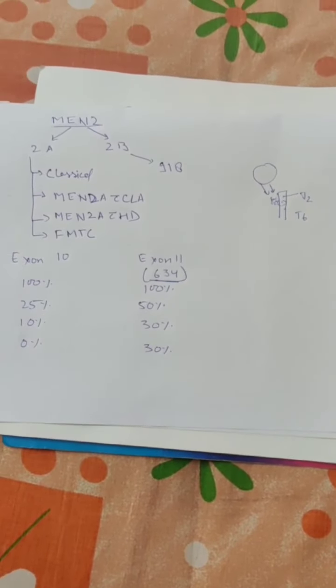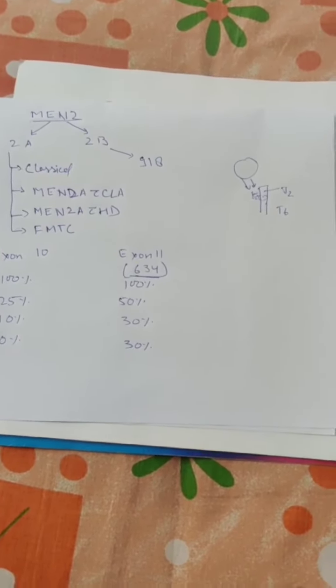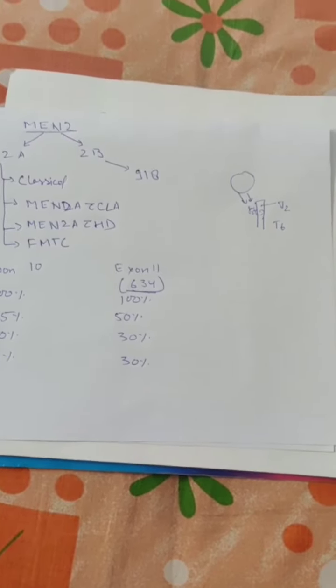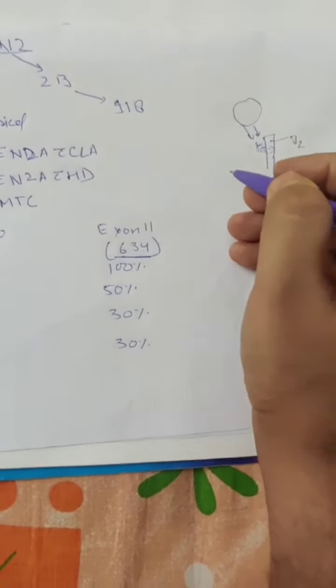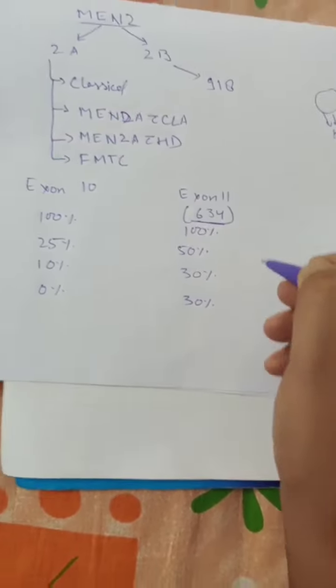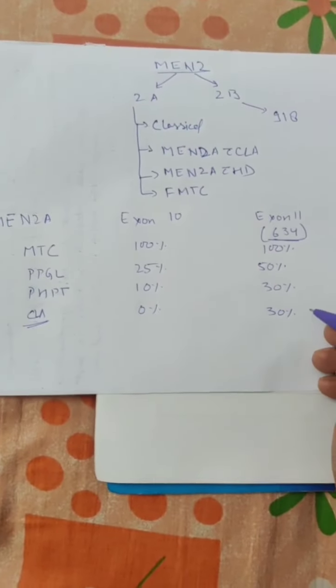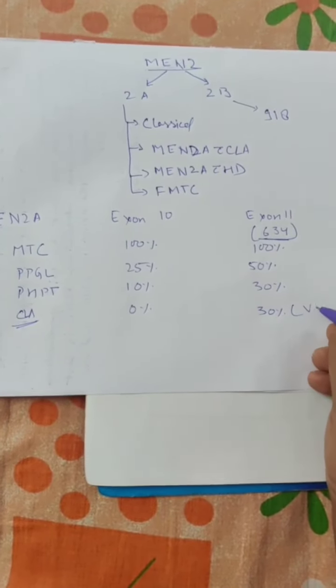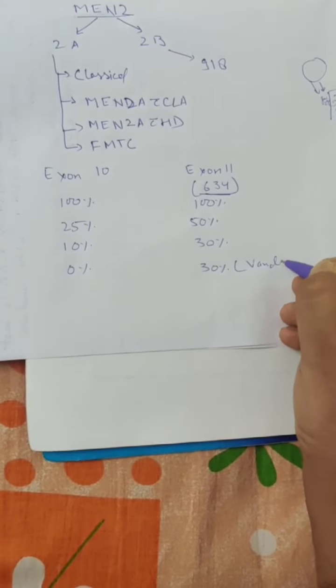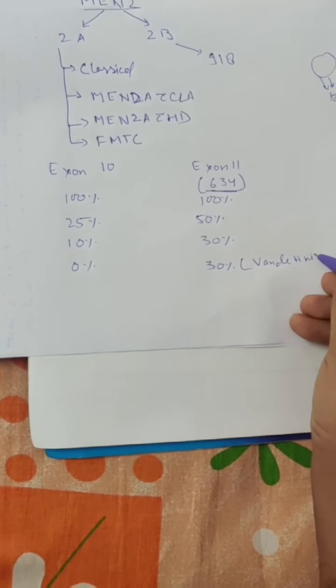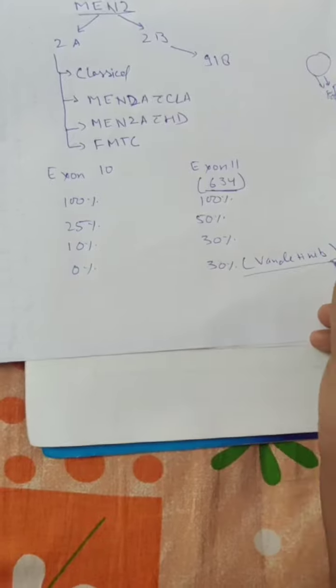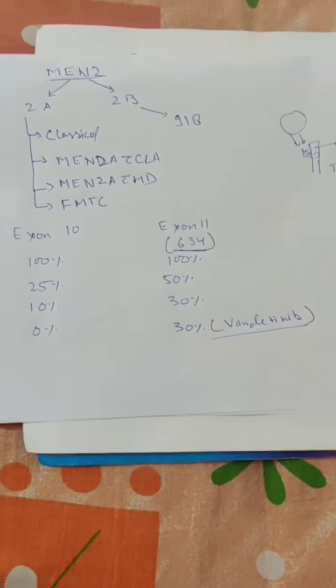What is the treatment? Treatment is moisturizer, local steroid, and antihistaminic. A tyrosine kinase inhibitor, which may be asked sometime, can be used for treatment of CLA, which is called vandetanib. So this is regarding MEN2A.